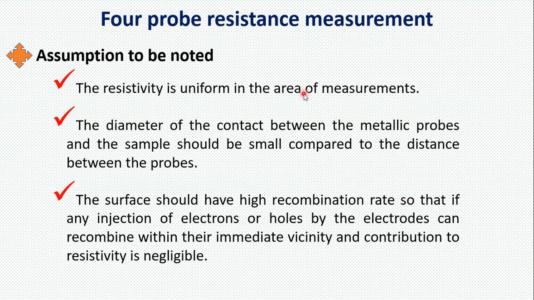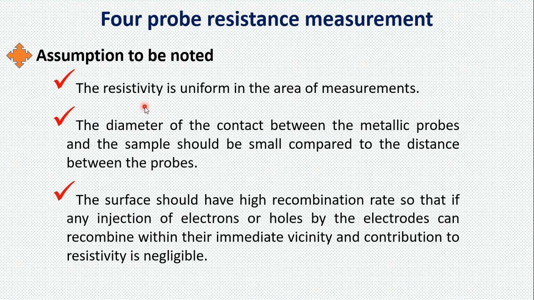Before measuring the 4 probe resistance, we have to make some assumptions. The first is that the resistivity is uniform in the area of measurements. The second is that the diameter of the contact between the metallic probes and the sample should be small compared to the distance between the probes, here the distance is s.